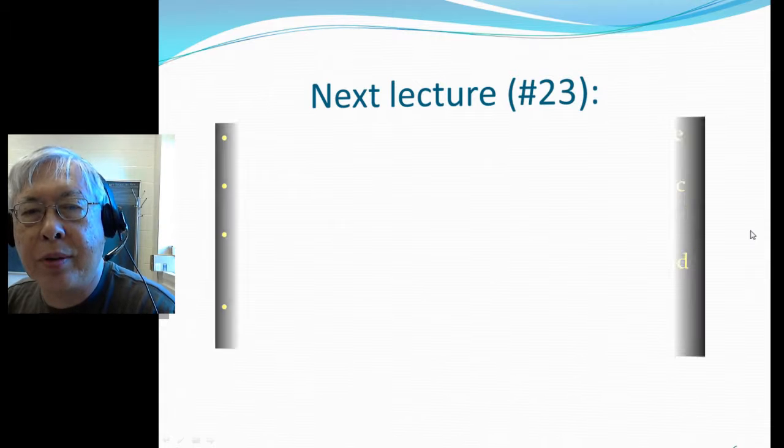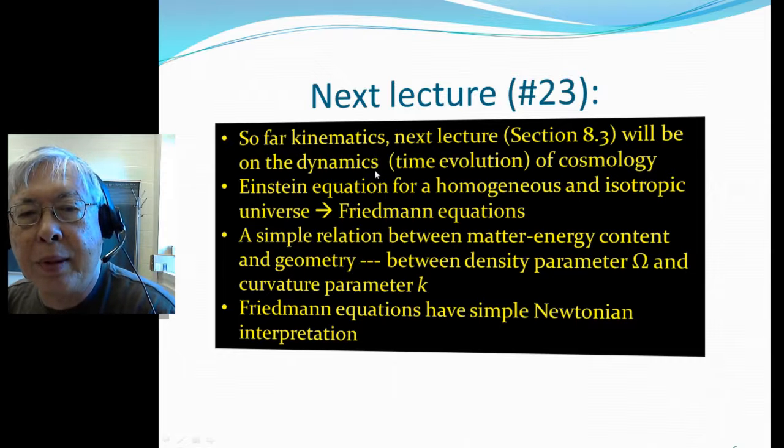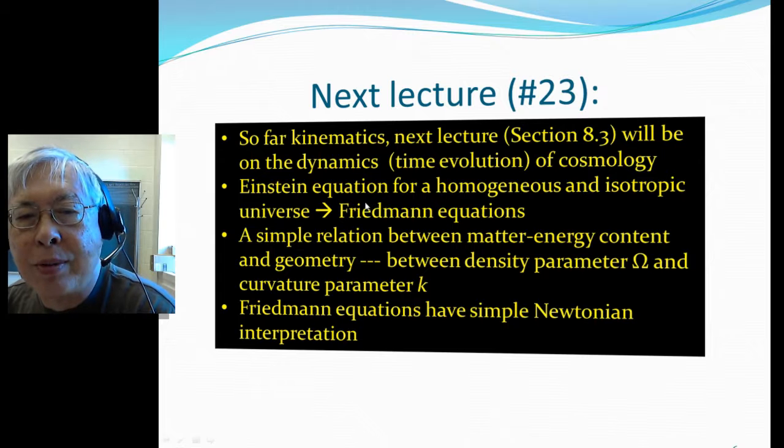So far we have talked about kinematic cosmology. Next lecture, we'll be talking about the dynamics, the time evolution of the cosmology. The Einstein equation for a homogeneous isotropic space is called the Friedmann equation.